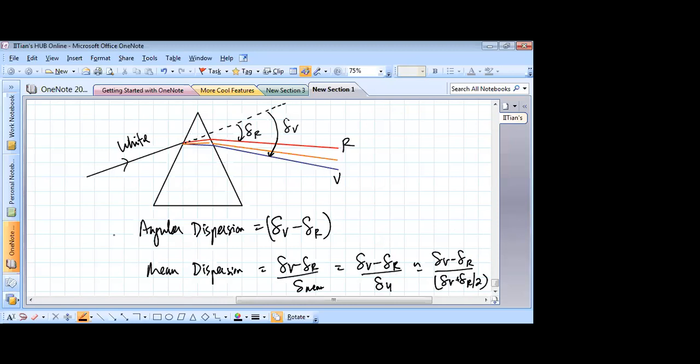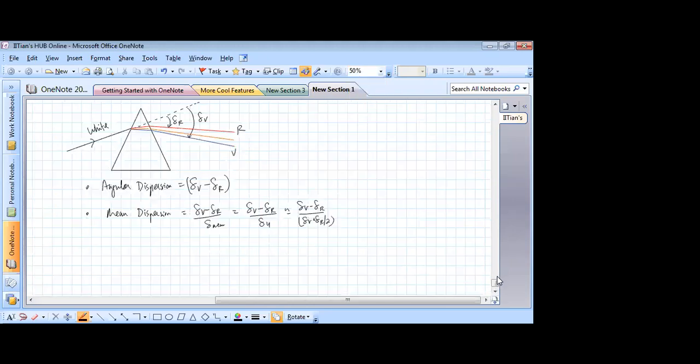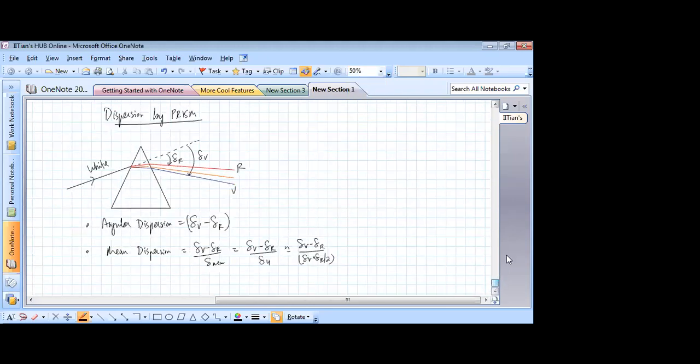So these are two technical terms that we know: angular dispersion and mean dispersion. Just note down this definition, then we'll see some more formulae.